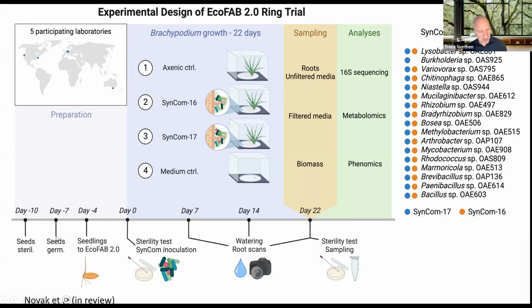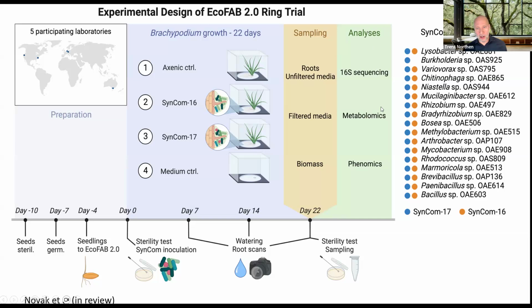All of the laboratories followed the same protocol, and we've published the protocol on protocols.io, so everybody can find it. They basically germinate the seedlings, test for sterility, and inoculate the seedlings with the microbiome. After 1 week, they start taking root scans and changing the water media in the plants. And then at 2 weeks, they image them again and change the media. Then at day 22, they sample for sterility and collect the final images.